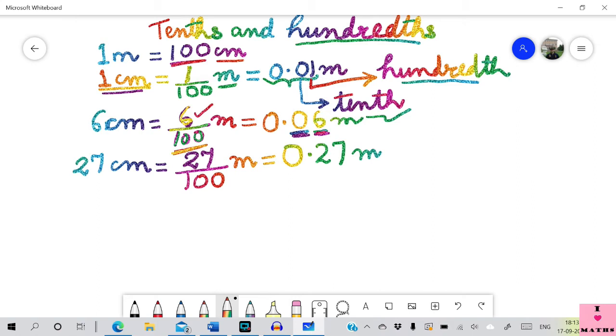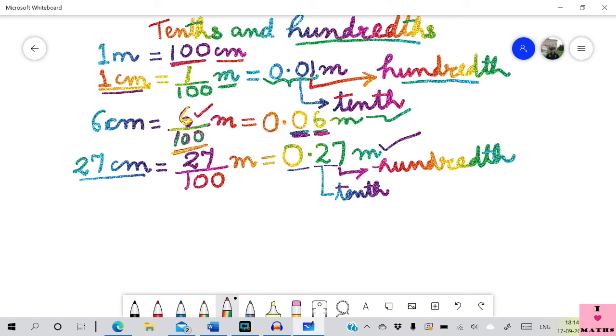We read it as 0.27 meter. Now 2 is at the 10th place and 7 is at the 100th place. So 27 centimeter is 0.27 meter.